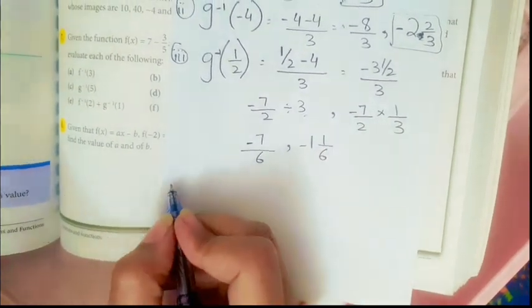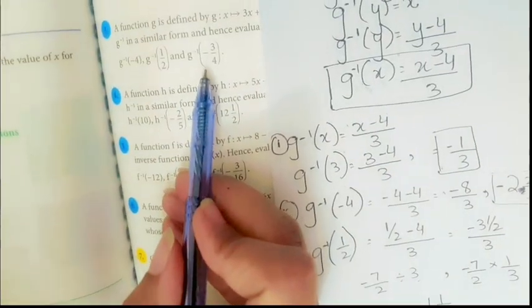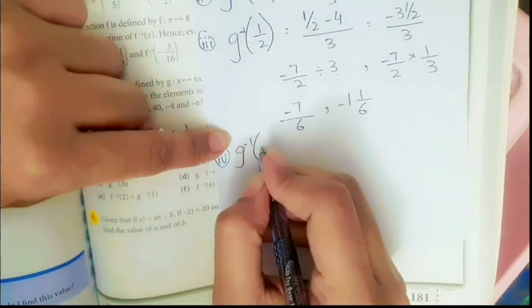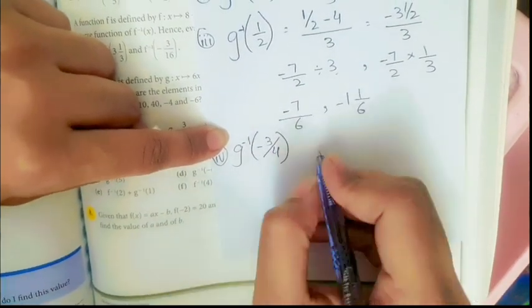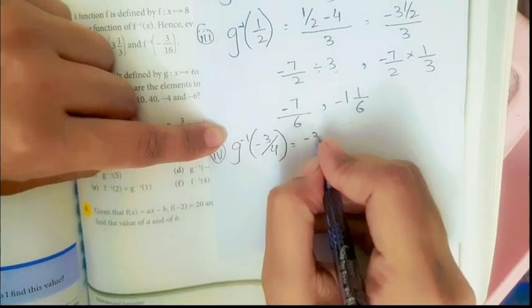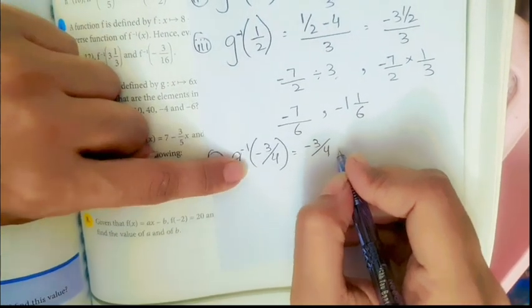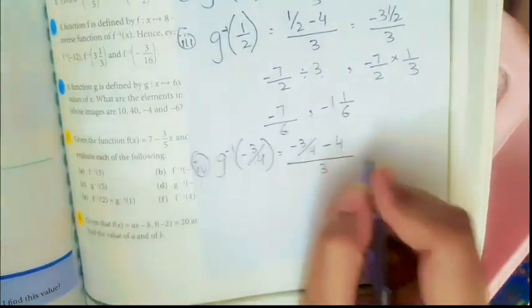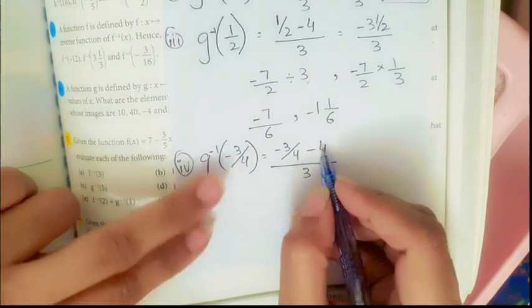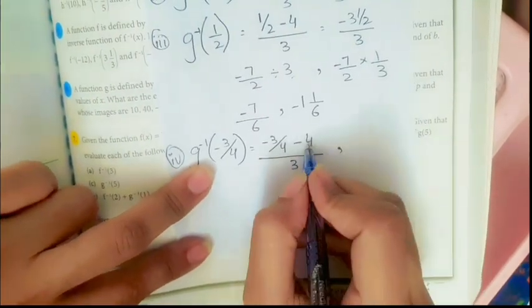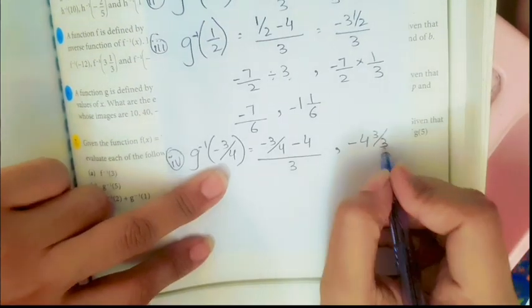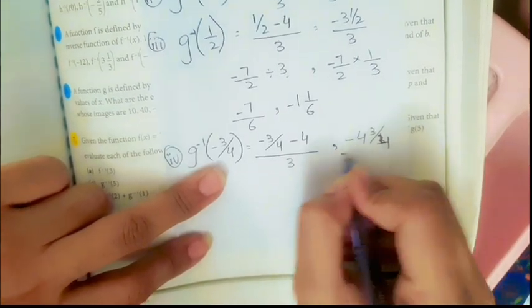Now part 4 is g inverse of minus 3/4. In place of x I am writing (-3/4 - 4)/3. Now subtract: both have the same signs, so we add. So minus 4 whole 3/4, over 3.